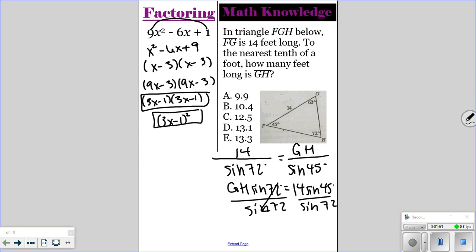Now, when you plug that into the calculator, you need to make sure that you are in degrees. If you're in radians, you're going to get a funny answer. So 14 sine of 45, close your parentheses, divide by sine of 72.